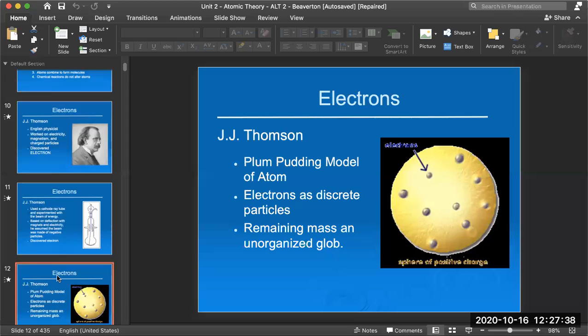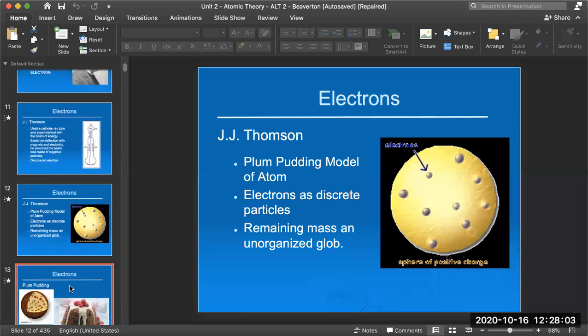It's called plum pudding. And he said, that's what an atom looks like, that there are these things like raisins, the electrons that are just sort of stuck in there among all of the pudding, the cake, the other junk that makes up an atom. And so he said there's electrons, discrete particles, and the remaining is an unorganized, just a gob.